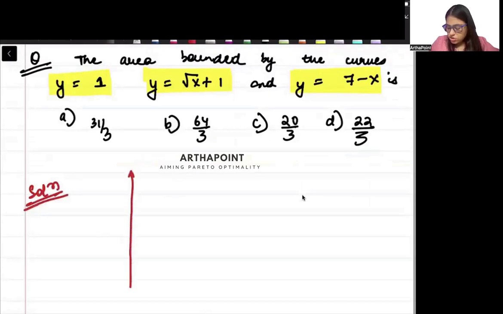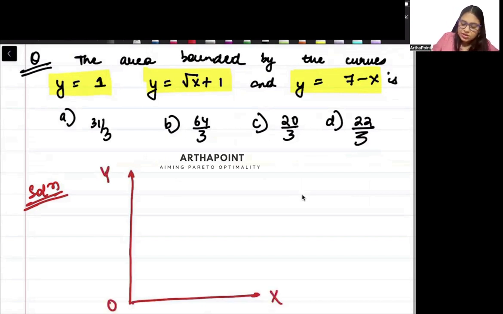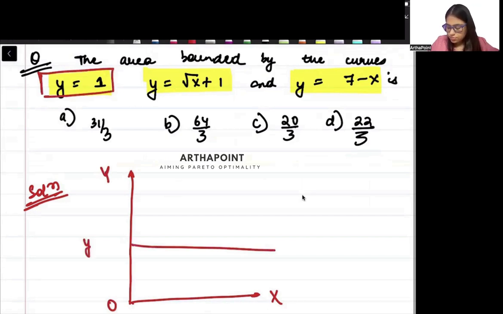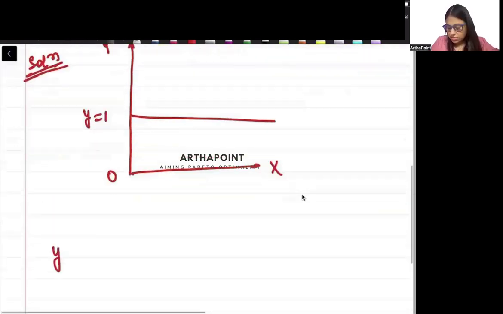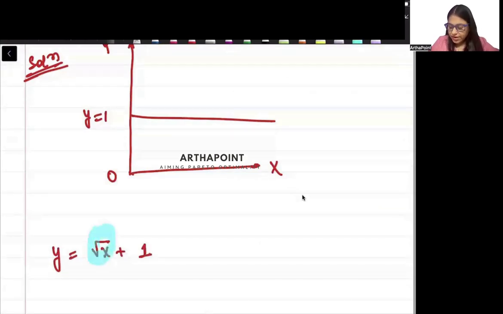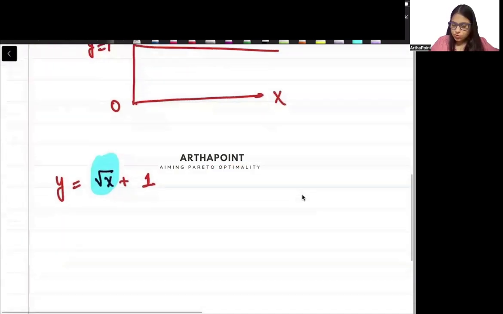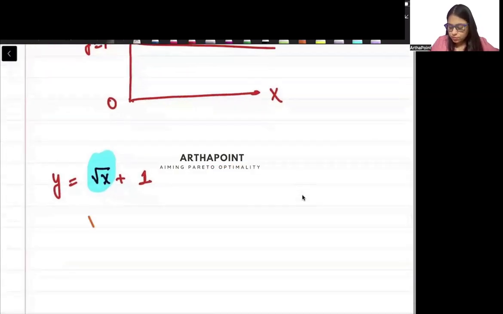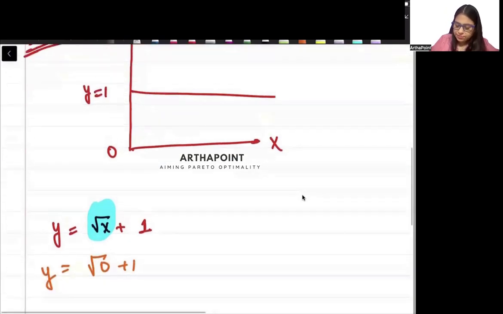If I start plotting, this is the x-axis, y-axis. The first says y is equal to 1. The second says y is equal to root x plus 1. Whenever you find root of anything, it should be positive. So when I find root of 0, I will get y as 1.